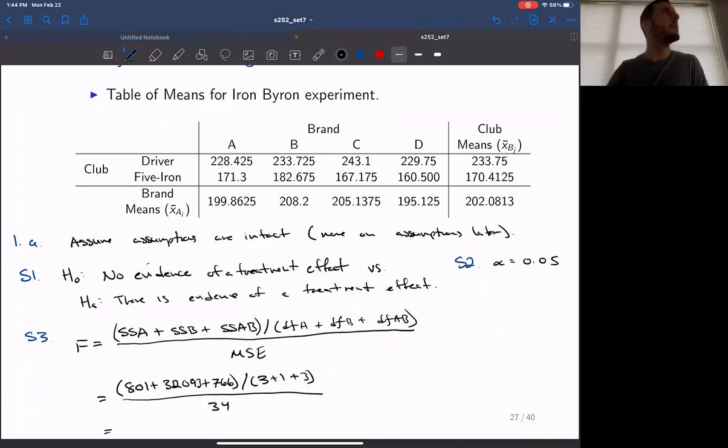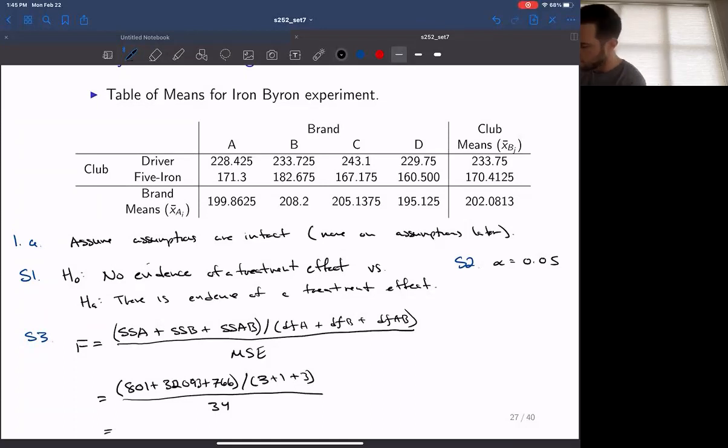All right, and then I'm just going to check this value because I don't think what I wrote down is quite correct. Okay, so this is going to be 4,808.571 divided by 34, which is 141.4286.